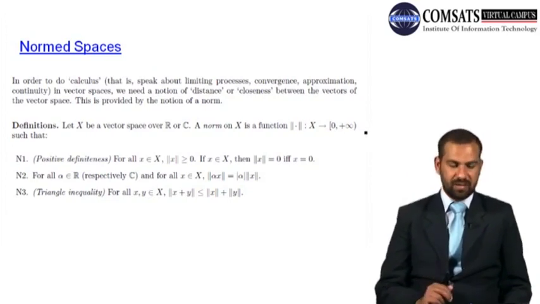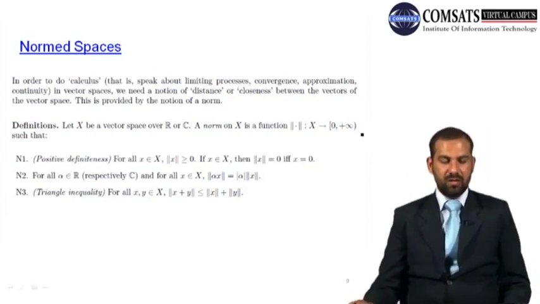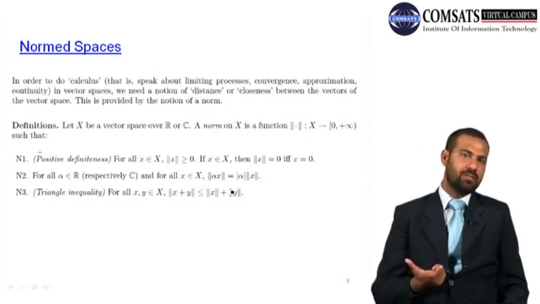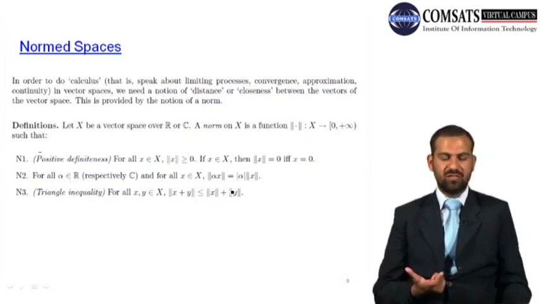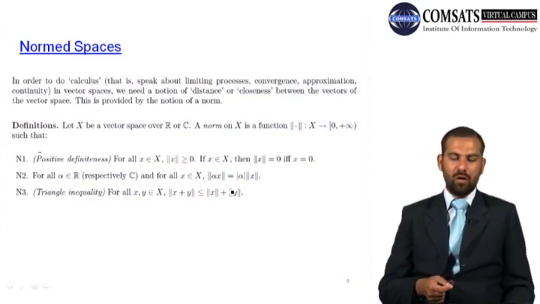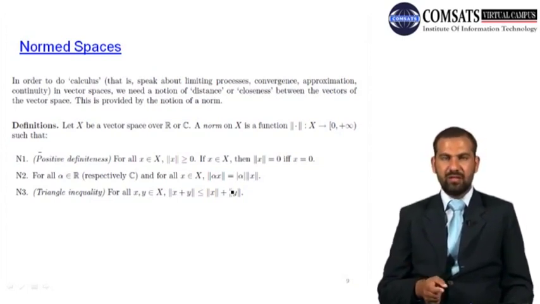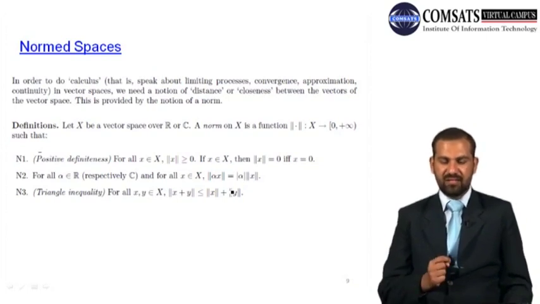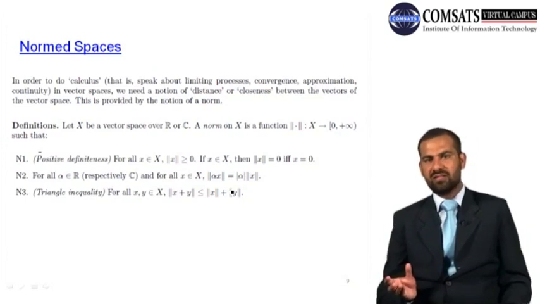The second characteristic of a norm space is that for all alpha belonging to the set R, or you can take the complex numbers, any field, and for all x belonging to X, the norm of alpha x is equal to the mod of alpha times the norm of x.